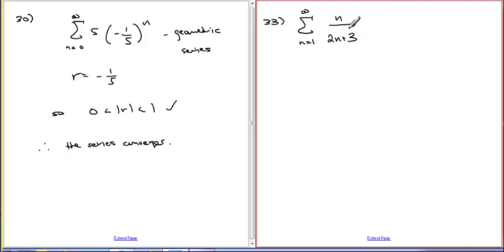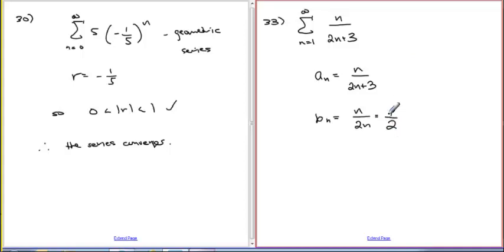Okay, so you could use the direct comparison test in this case, because if I let b sub n be n over 2n, then this one is always greater than that one, and I get 1/2.